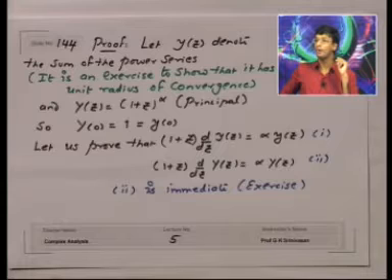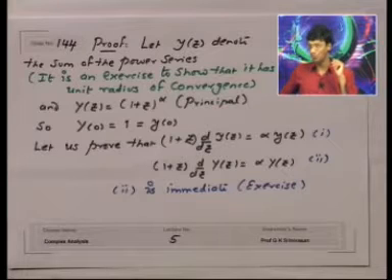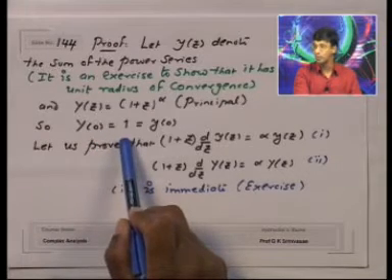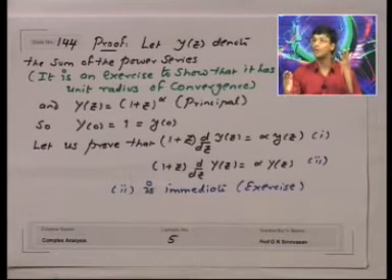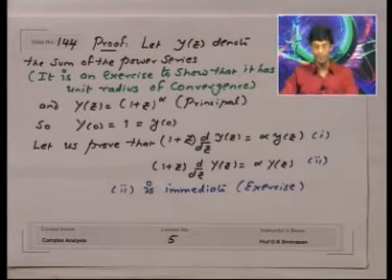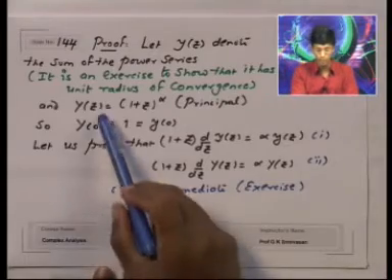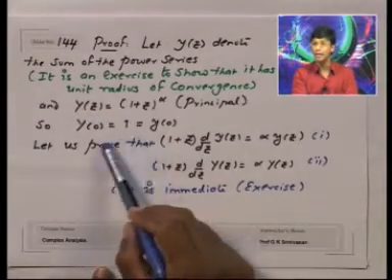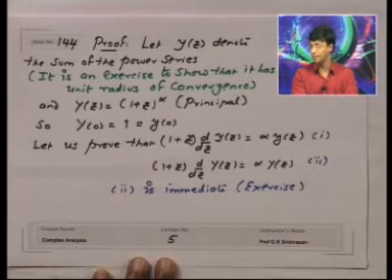What is the principal value of the argument of 1? 0. So, it is e to the power 0, it is 1. So, capital Y(0) is 1 and little y(0) is also 1, you put z equal to 0 in the power series. So, the two functions capital Y(z) and little y(z) agree at the origin, correct.